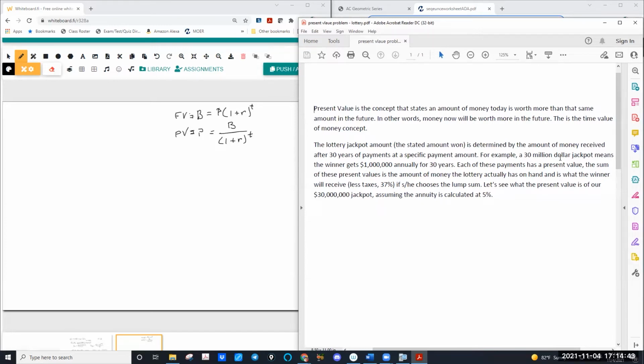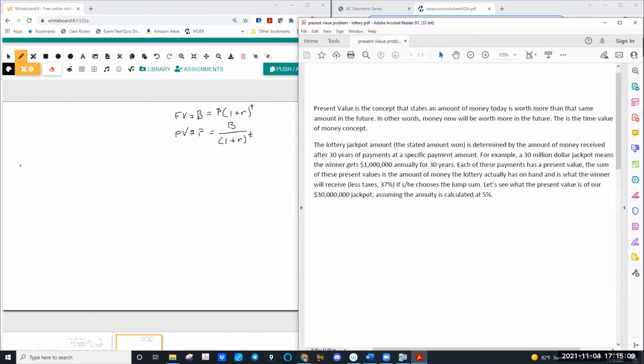So what you would hear on the radio is Bob won the $30 million jackpot. What that means is Bob's going to get, if he chooses, $1 million annually for 30 years. That is not what he'll get if he takes the lump sum. The lump sum is the present value of those 30 payments. Okay?